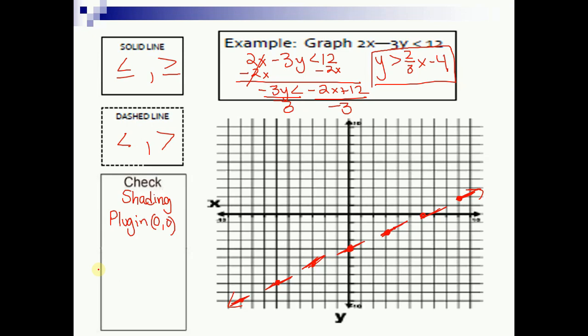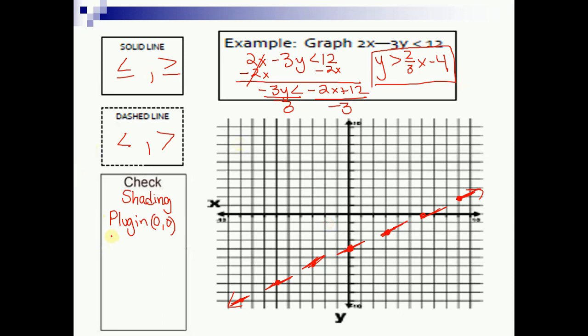It is the easiest point to plug in for anything. The only problem you have to worry about is if your line goes straight through 0, 0, then you have to pick a different point. However, most lines do not go through 0, 0, so you shouldn't have to worry about that. But keep it in mind: if your line does go through 0, 0, you do have to pick a different ordered pair to check for shading.